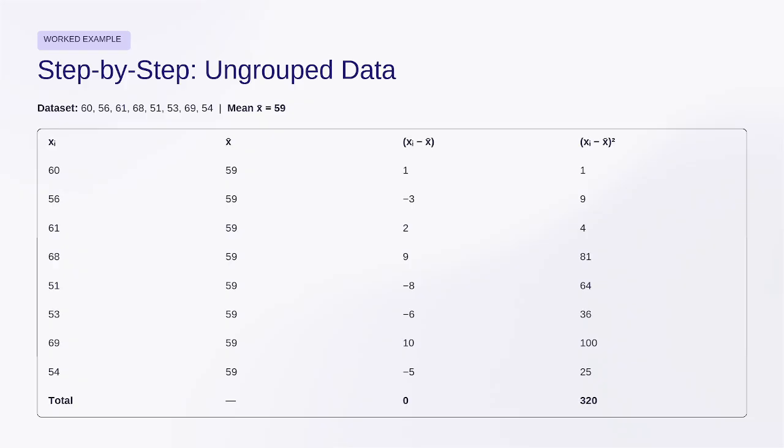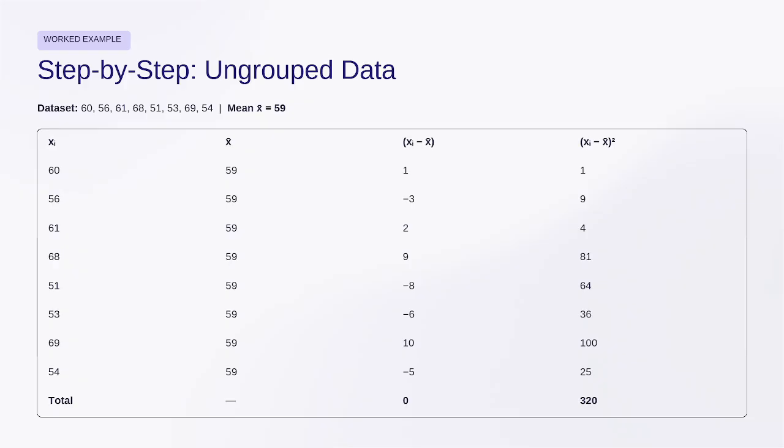Now calculate the deviation, that is x i minus x bar. 60 minus 59 is 1. 56 minus 59 is minus 3. Similarly, do it for all the data set. So we get the deviations 1, minus 3, 2, 9, minus 8, minus 6, 10, minus 5.